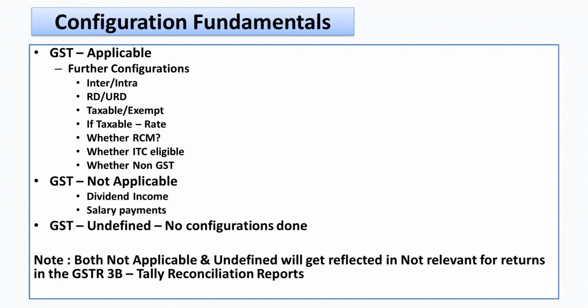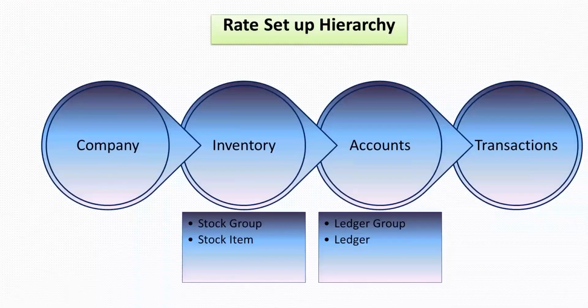Now coming to the levels of configuration. How does this rate setup hierarchy work? Let's say we are a consultant firm. All our services get covered under 18%, and let's say the HSN is 99. Under our services, we have audit services, bookkeeping services, consultation services, all these variety of services which we provide. I want to, at the company level itself, set up a single 18% rate.